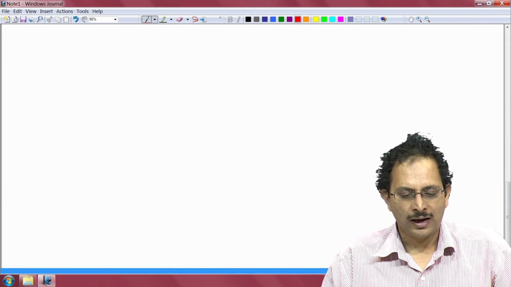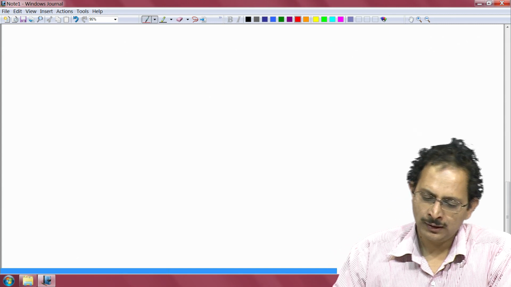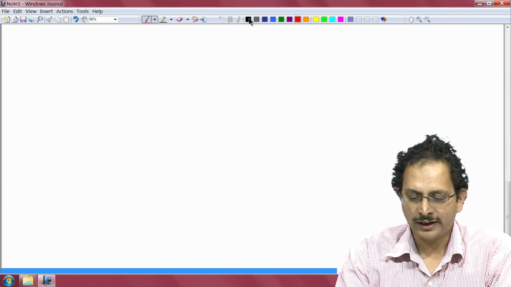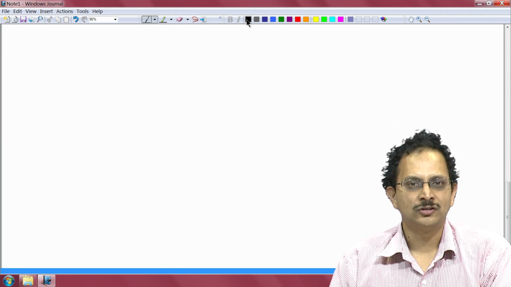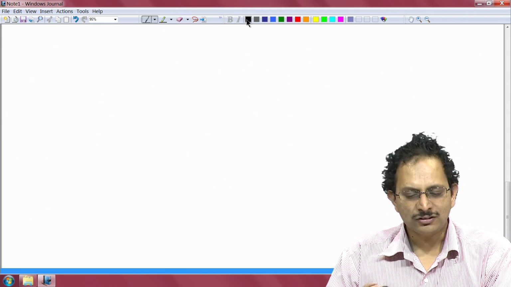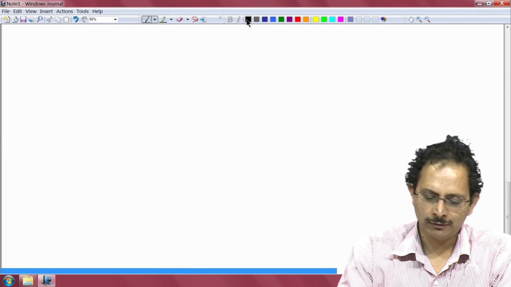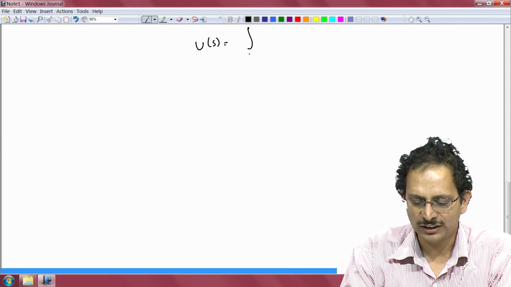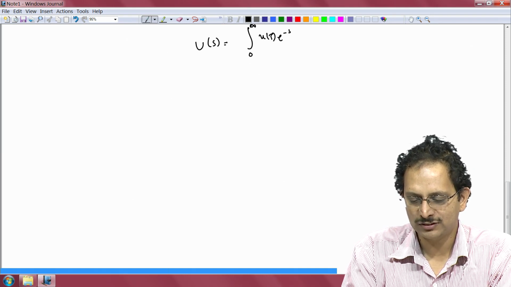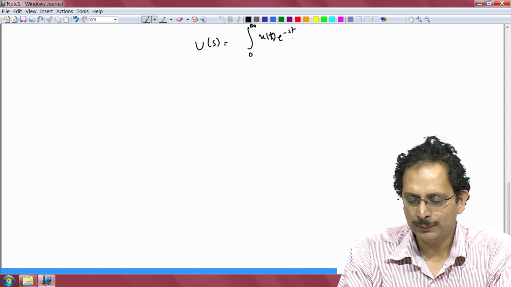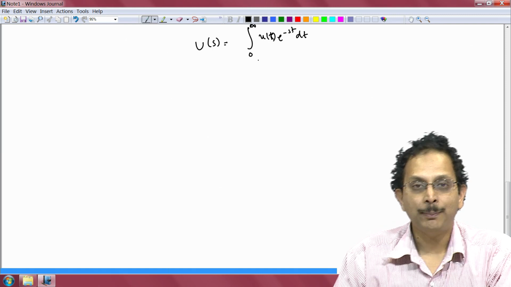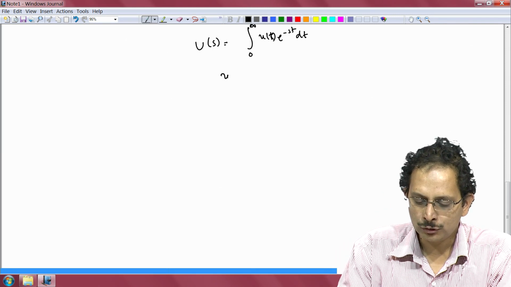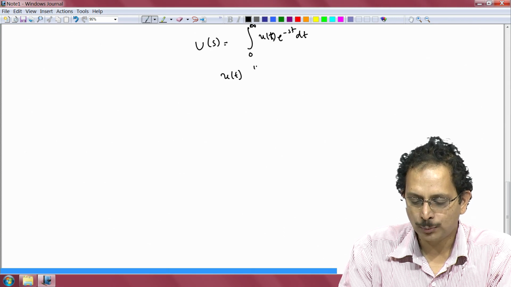So to answer the first question, Laplace transforms actually do not exist for all signals u. For Laplace transform to exist, in other words, we should be able to get a finite value for this integral, 0 to infinity u of t e power minus st dt. This happens only if the signals u of t are of exponential order.